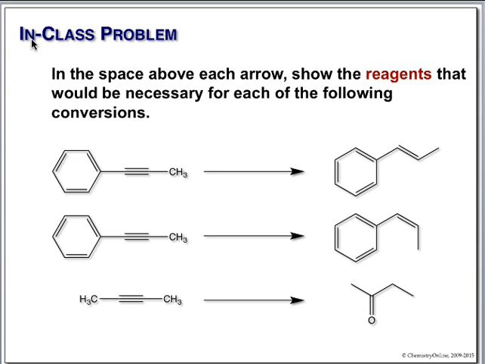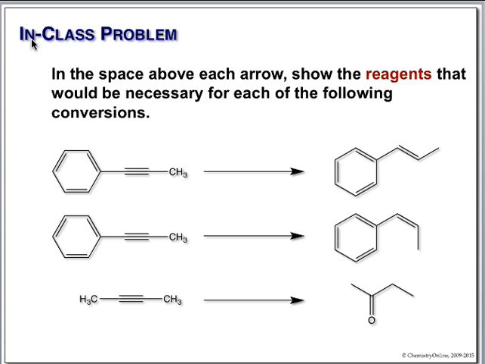So what we're doing here is converting an alkyne to an alkene. That's a partial reduction, and we are getting trans stereochemistry. You should recall that we can get trans stereochemistry with dissolving metal reduction. So this is either going to be sodium or lithium in liquid ammonia.